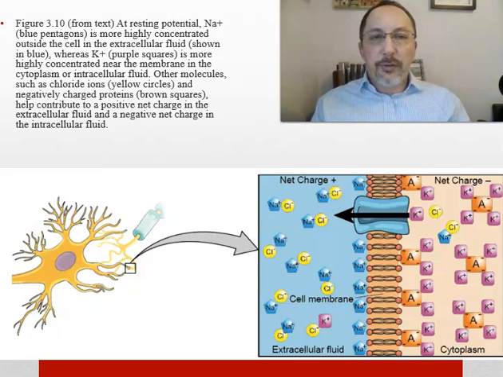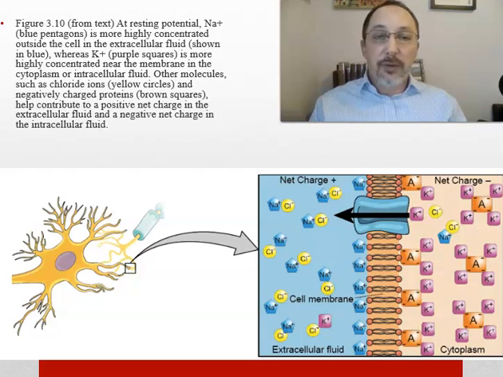You've got channels that are specific for potassium and for sodium, specifically for these two, right? And so, at rest, you're more negative inside and more positive outside. So you open a sodium channel and sodium rushes in, making you very positive. And then after you fire, you open your potassium channels.